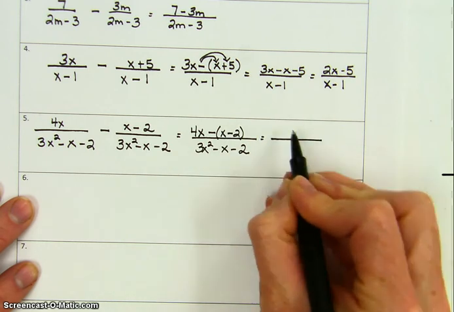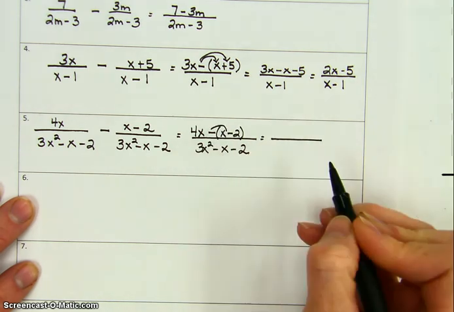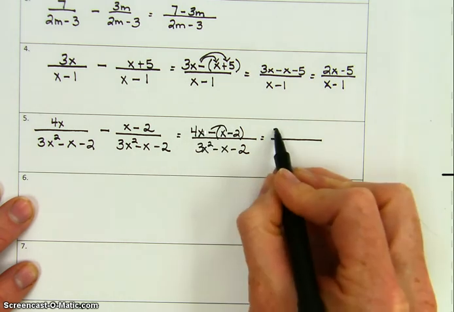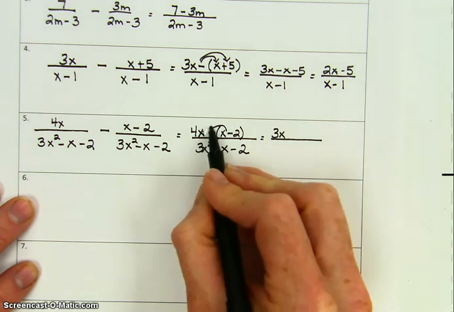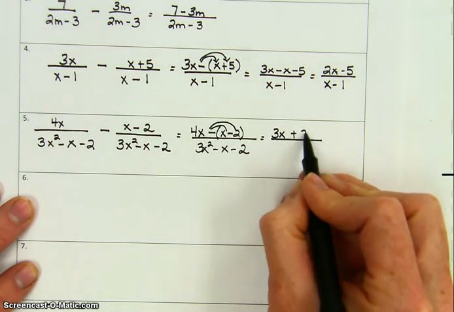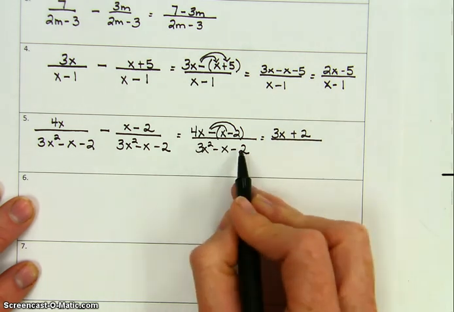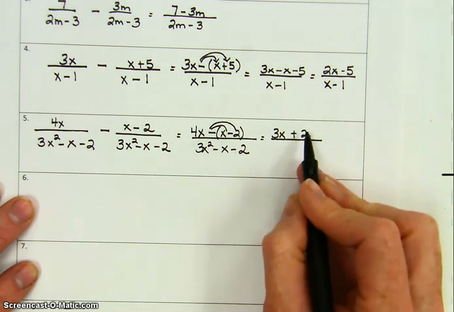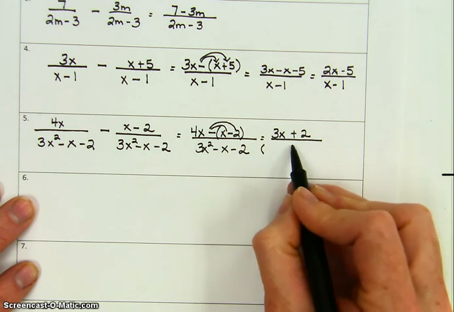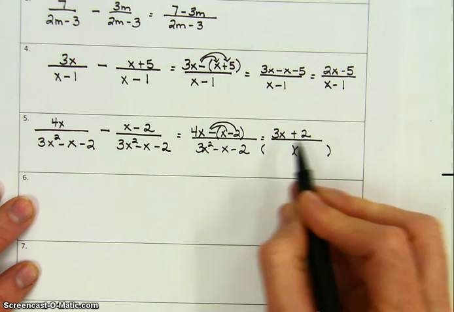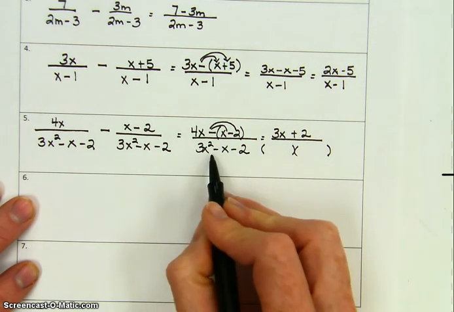Then I have 4x minus x, which will give me 3x, plus a 2. Now, if you do not factor your denominator, you may miss a chance to simplify. So you also, in the end, need to factor the denominator.